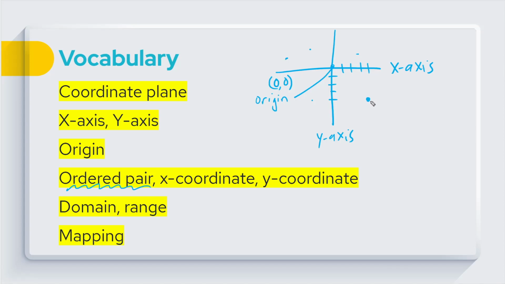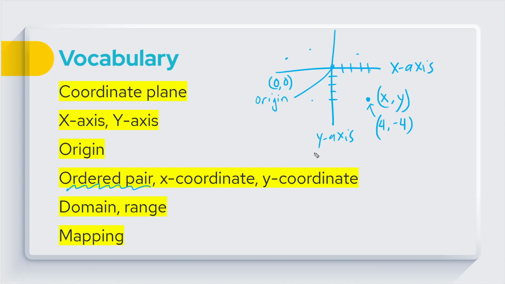So this coordinate here would be 4 on the x-axis and negative 4 on the y-axis, which gives you the ordered pair. So for this particular point, it would be 4, negative 4. Okie dokie.